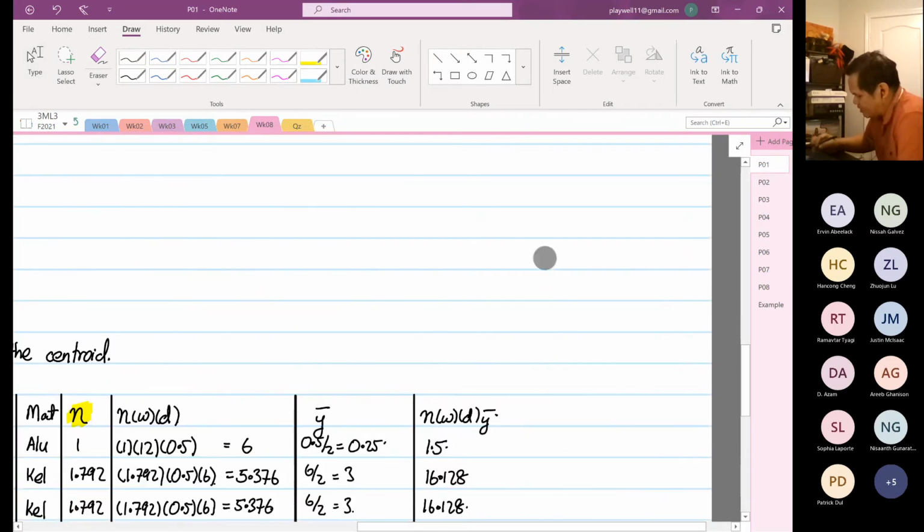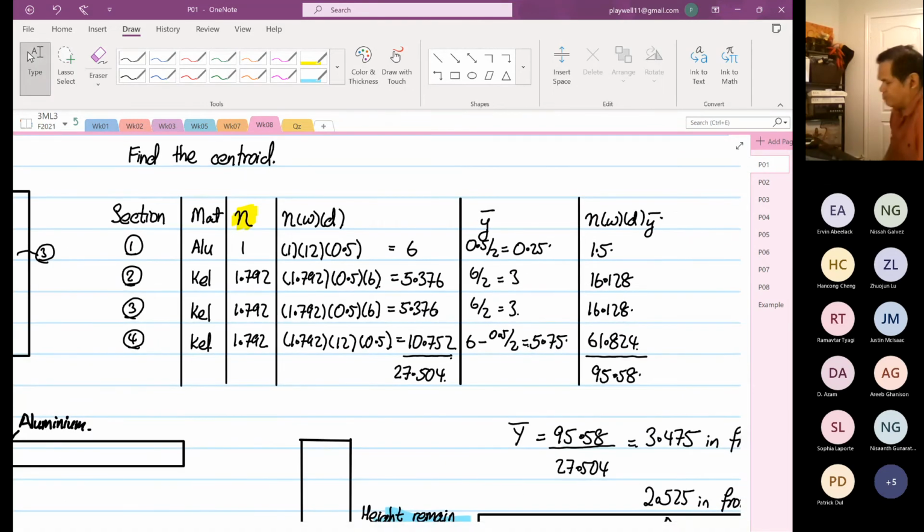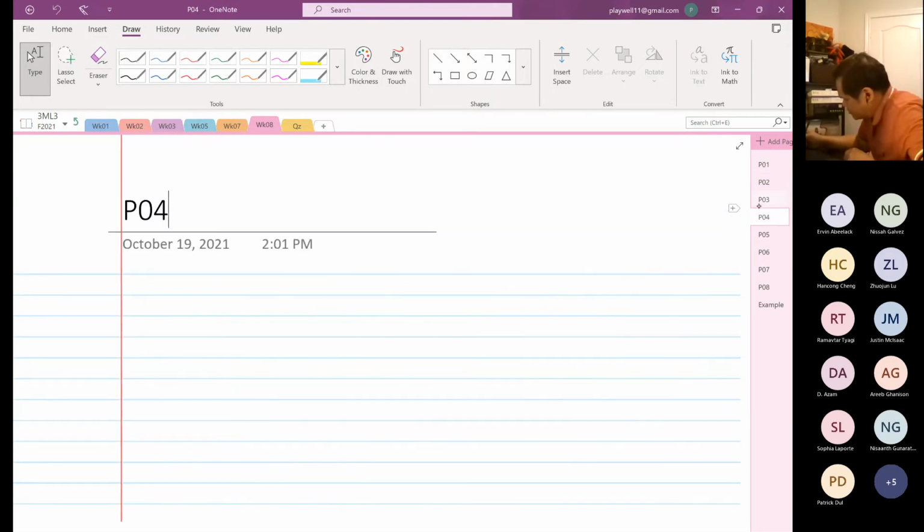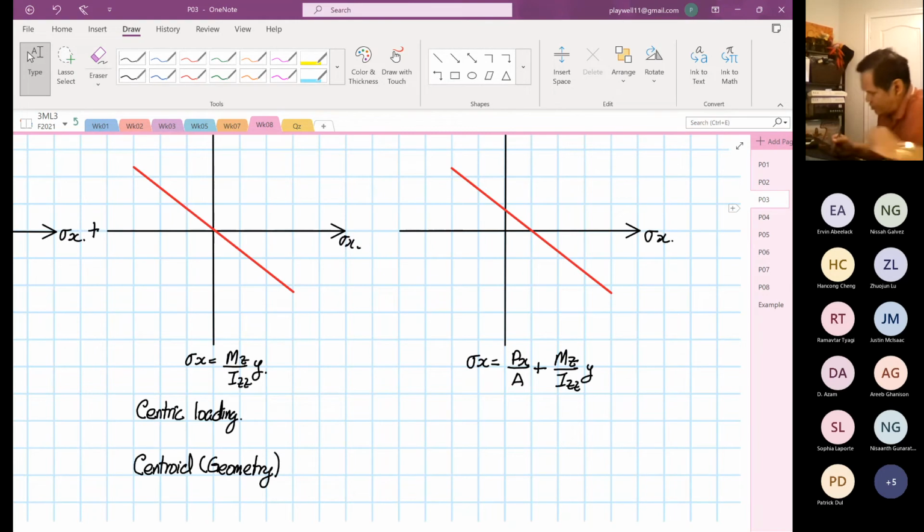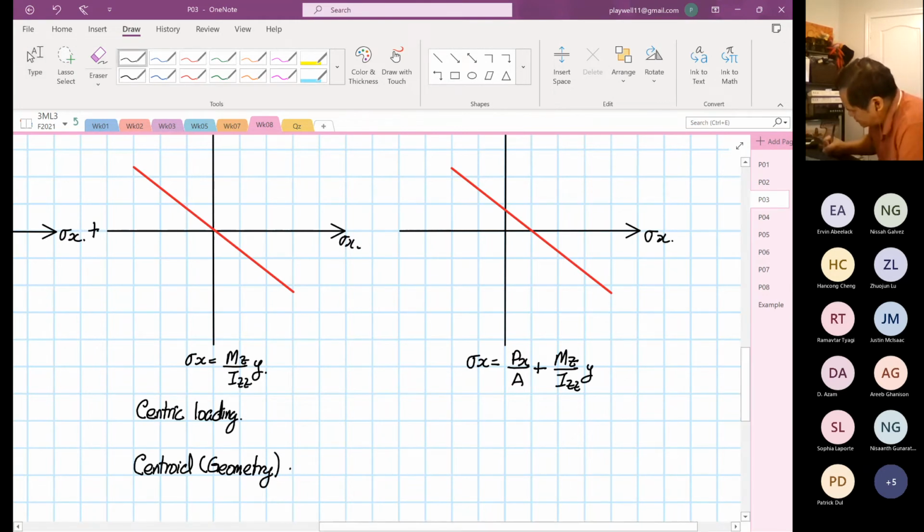It's all geometry that we use to find the centroid. That's why I say the centroid is geometry. So in centric loading, the centroid position is the same as the neutral axis.